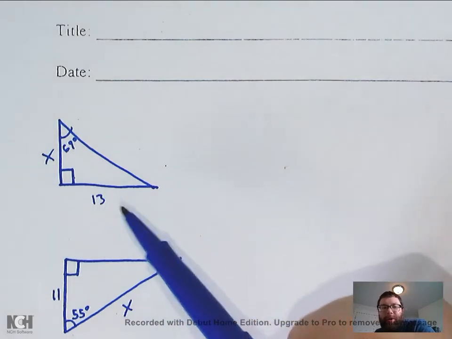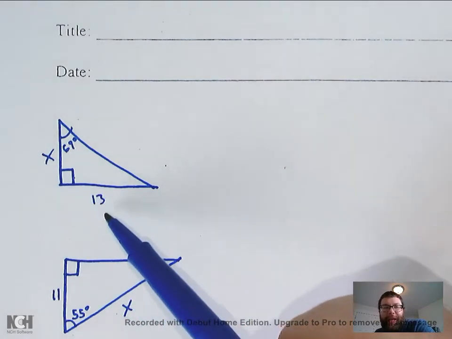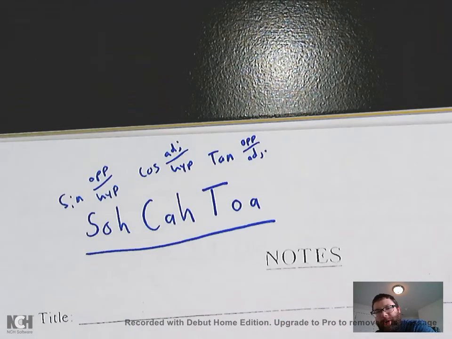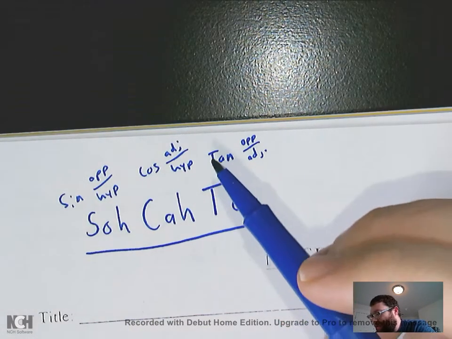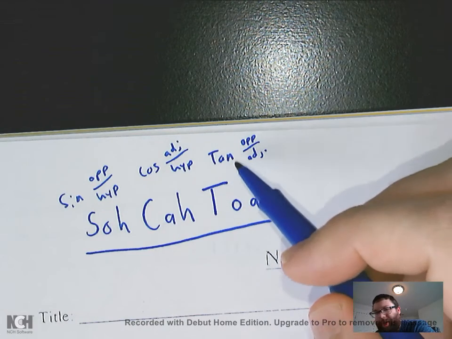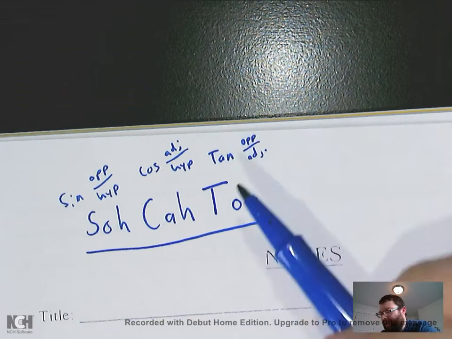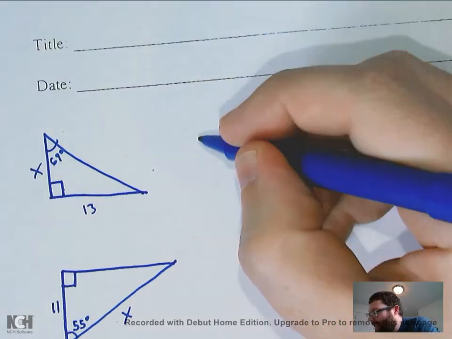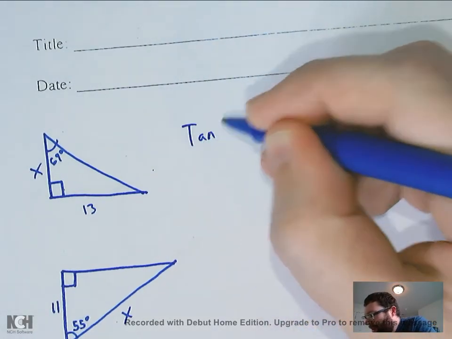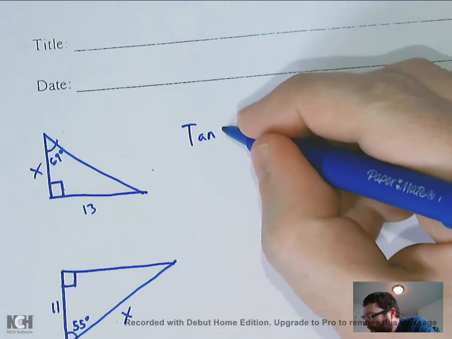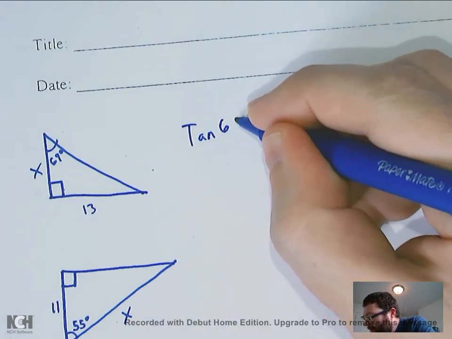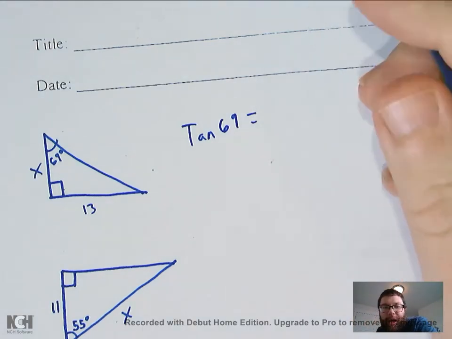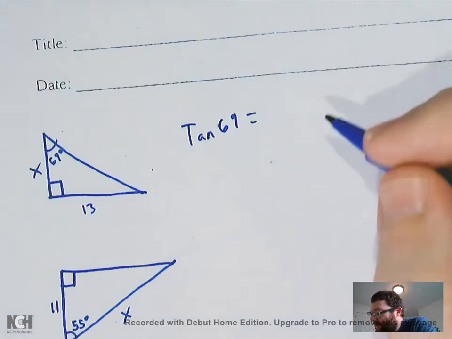So in this problem, we're dealing with an adjacent side and an opposite side. Now, SOHCAHTOA, what has adjacent and opposite? That would be tangent. So basically if I take the tangent of angle 69 degrees, it should equal opposite over adjacent, right?